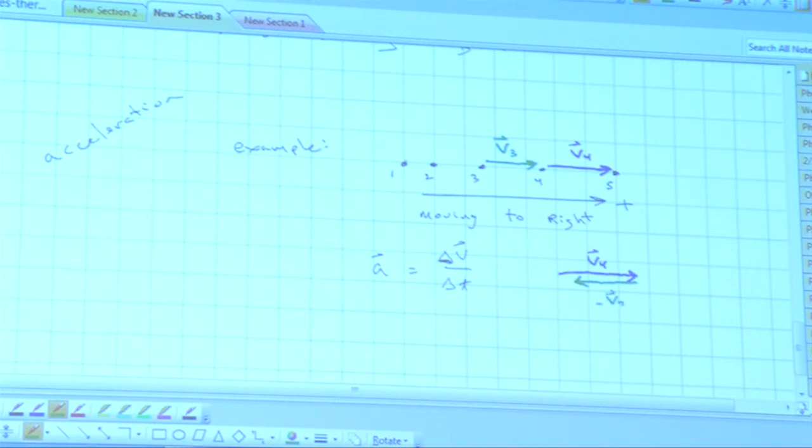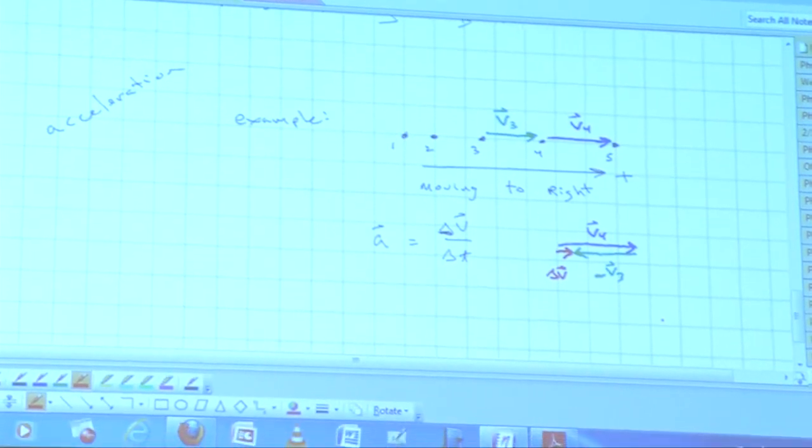Minus V3 is this. And so what is our acceleration? Our acceleration points to the right, because it's that divided by the time interval. Do you kind of follow what I'm doing there? Some vector addition.